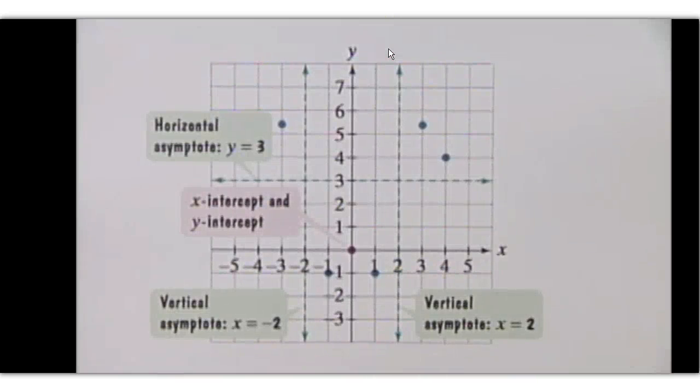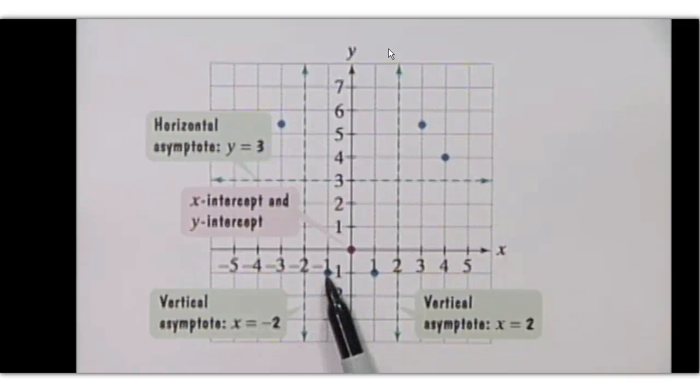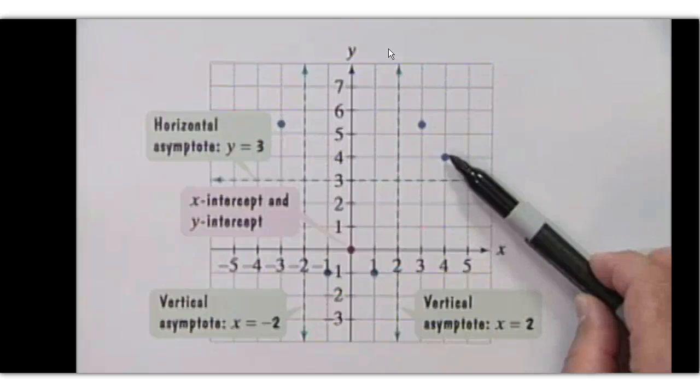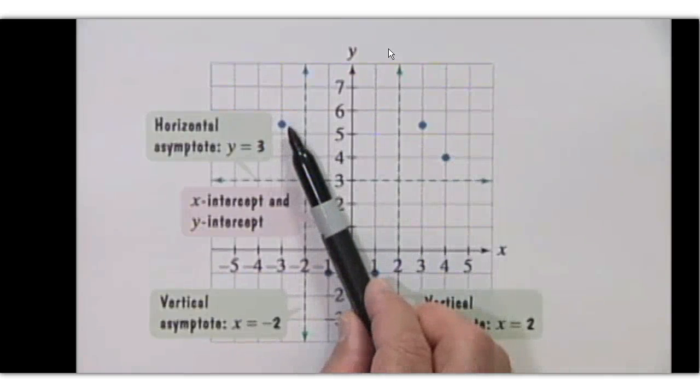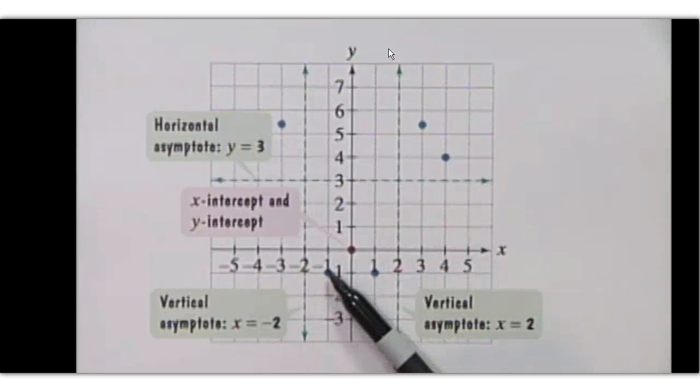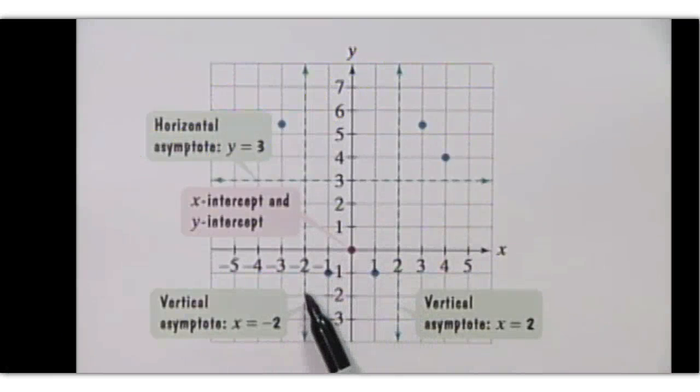So let's take a look. I've plotted each of the points. You can see 2 of the points here, 2 more of them over here, and then a 5th point there. Now what we'd want to do is connect the points within each region, that is between the 2 vertical asymptotes, with a smooth curve.